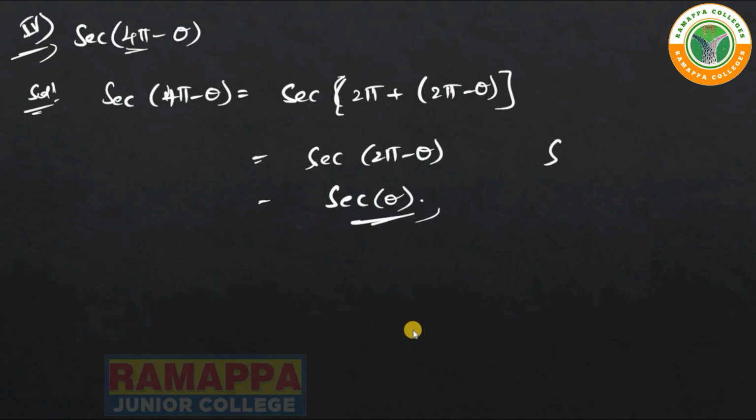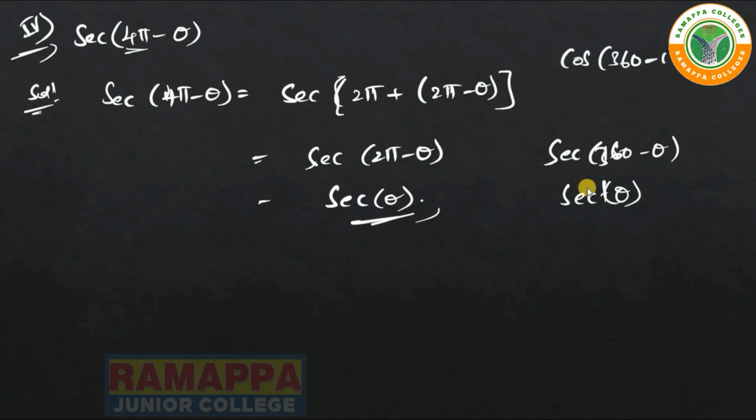Here we can say secant 360 minus theta is equal to secant theta. In this, cos 360 minus theta is also cos theta, and here the minus is there, we'll do plus. Also cos 360 plus theta is equal to cos theta.